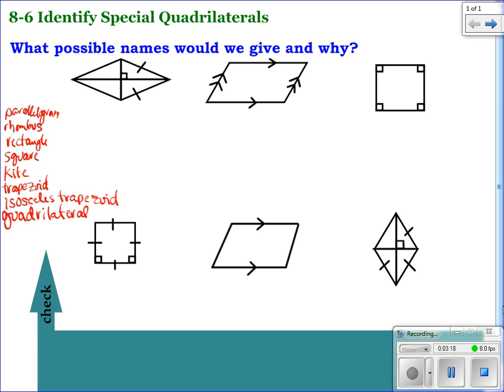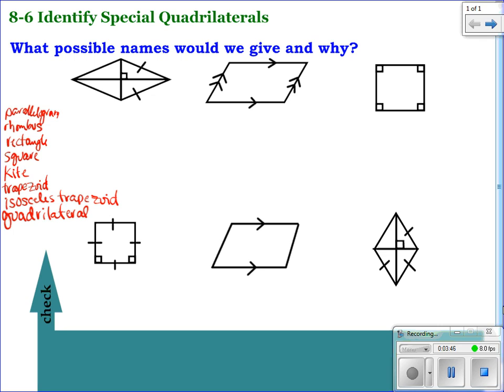If you have a 90-degree angle in the middle, that means what are your options for names? What shapes have that? Square? Rhombus? Kite. Those 3 have a right angle with the diagonals. Okay, so it's either a rhombus, square, or a kite.